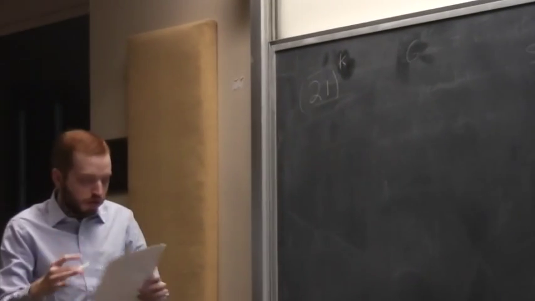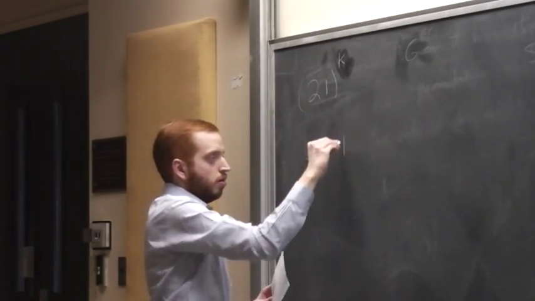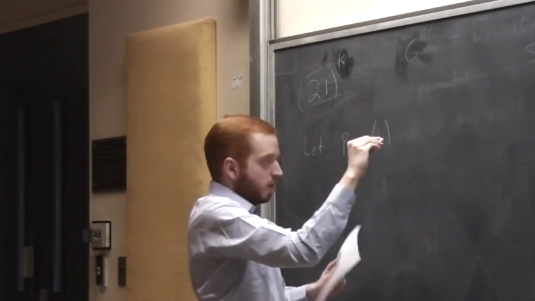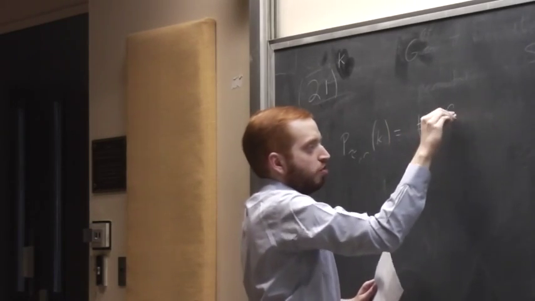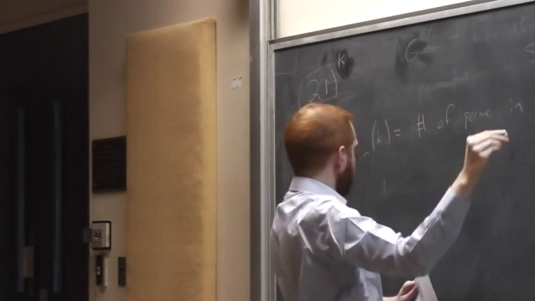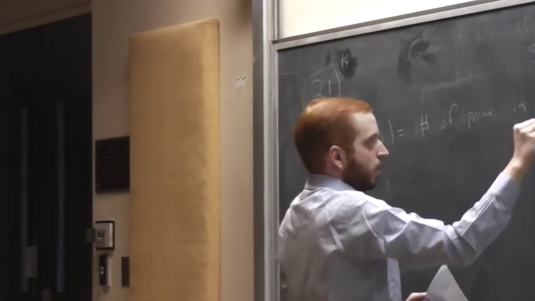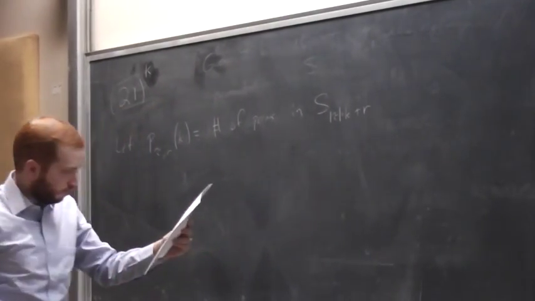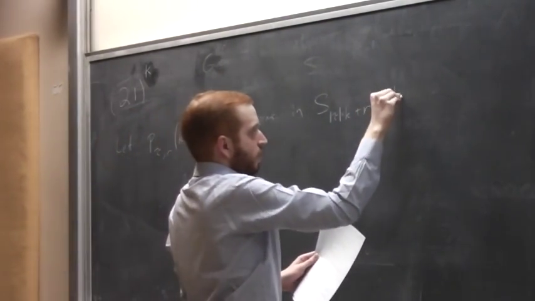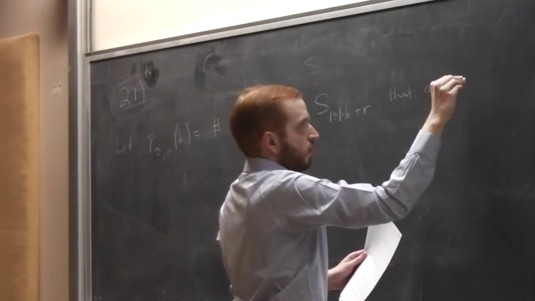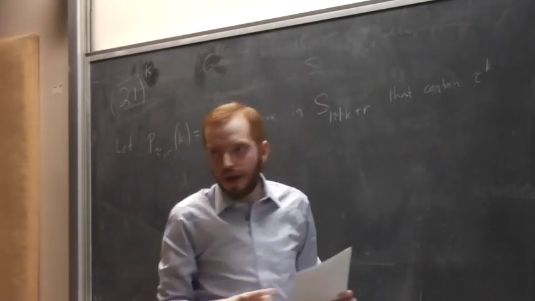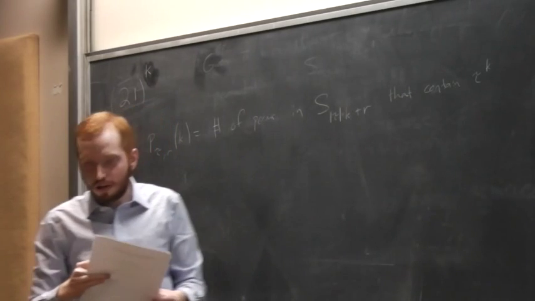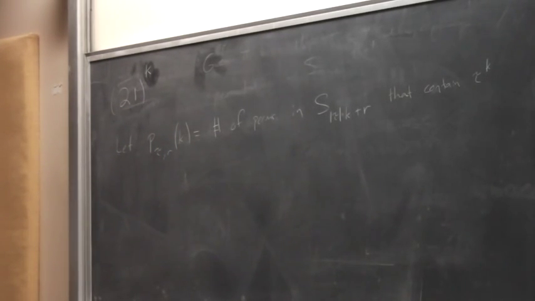So I will first define P tau R K, the number of permutations in S of size tau times K plus R that contain tau to the K. I guess I may not have actually defined tau to the K. That means the direct sum of K copies of tau.